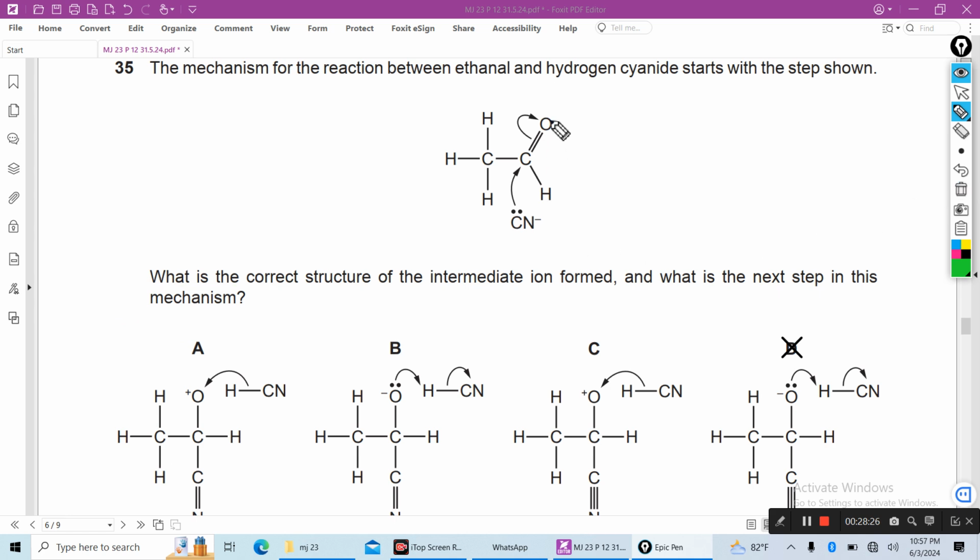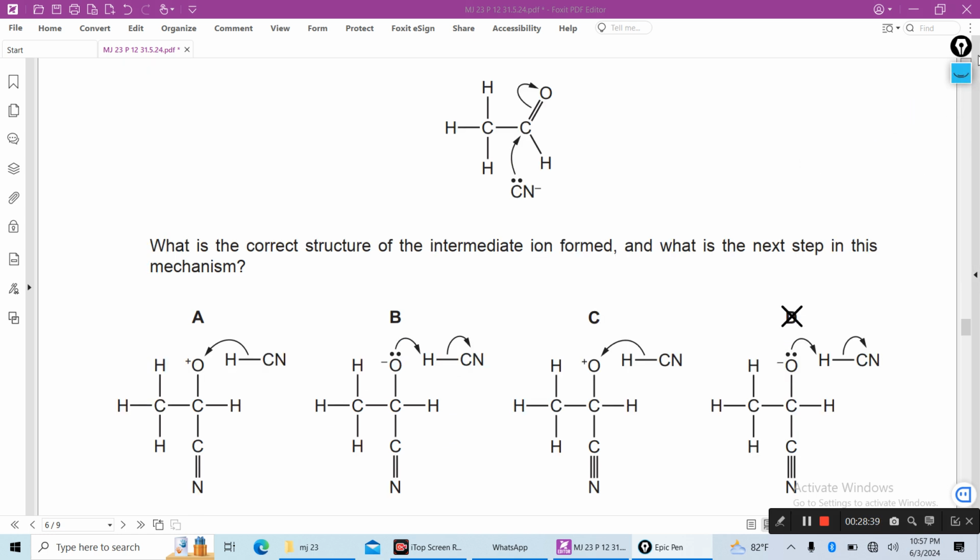You see, in the intermediate the oxygen will be negative, and the cyanide ion has been added to this carbon. Now in the next step, the oxygen negative takes a hydrogen, which is partially positive, and the oxygen gives its lone pair of electrons to form the alcohol OH group. So D is the right answer.